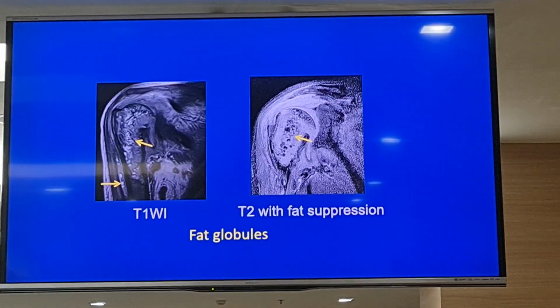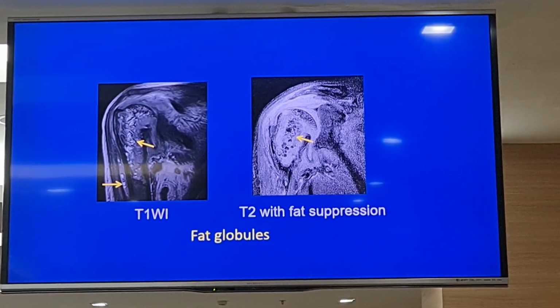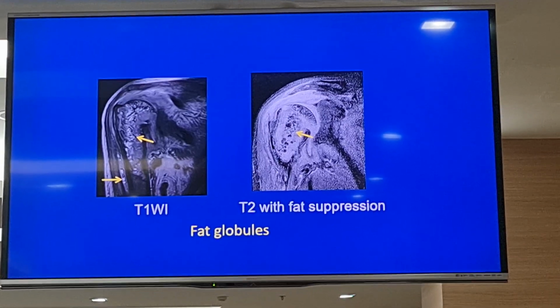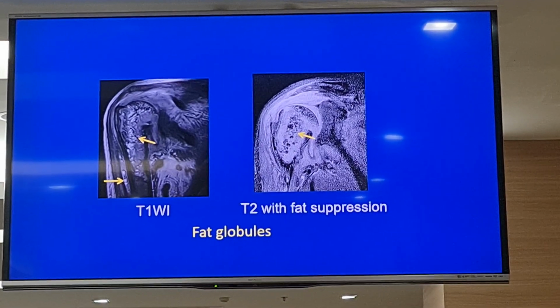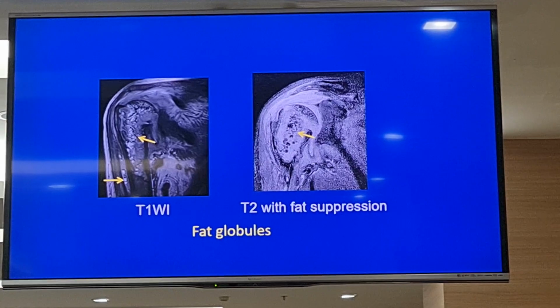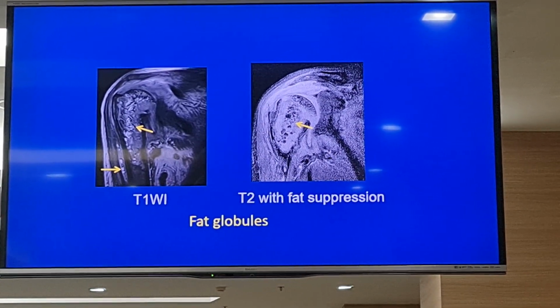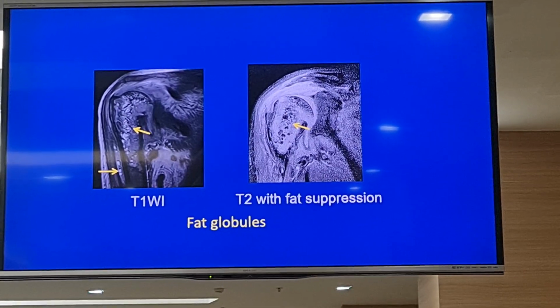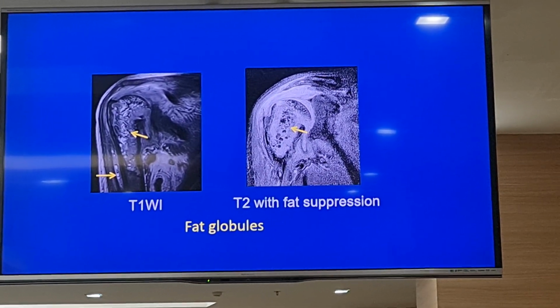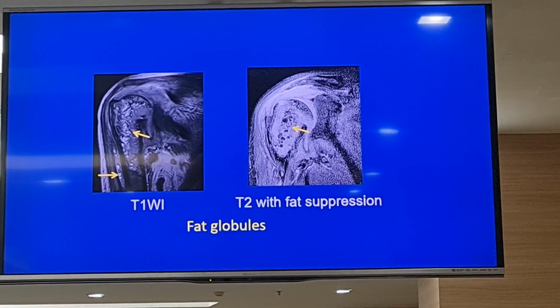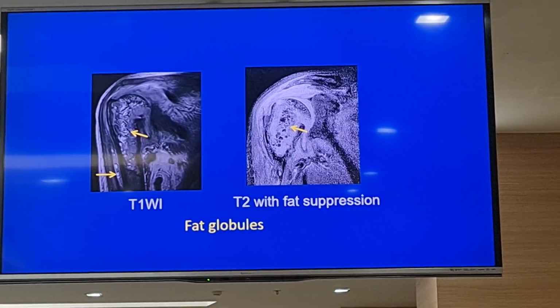We do an MRI. On T1 weighted images, we can see it's bright signal, and on T2 weighted images this tissue has edema or fluid. We can see bright signal on T1 with a drop on fat suppression images. So this is fat globules.